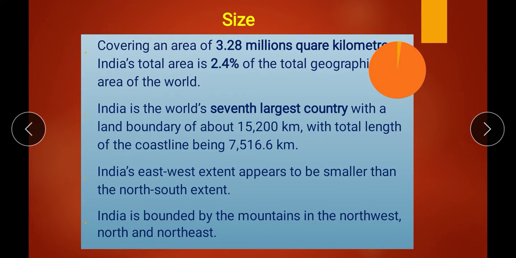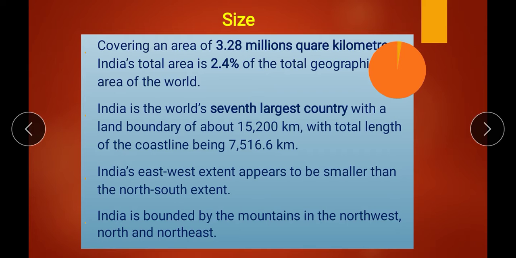The total area of India is about 3.28 million square kilometer, and this value is equal to 2.4% of the total geographical area of the world. Try to understand here. If this is the pie chart, and this pie chart is representing the total geographical area of the world, and this light yellow color is showing the area of India.